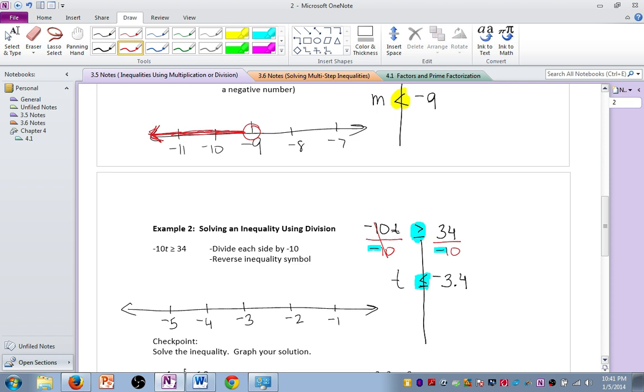But because it's a less than or equal to symbol, I'm going to use a closed circle. So -3.5 is about here. And it's less than that, so we're going to go to the left. Anything less than goes to the left. And that's how we graph that inequality.